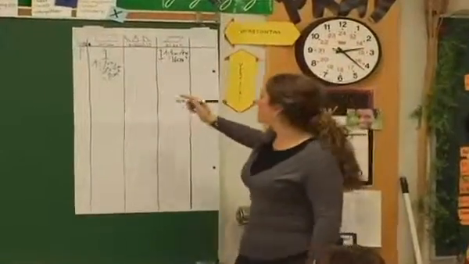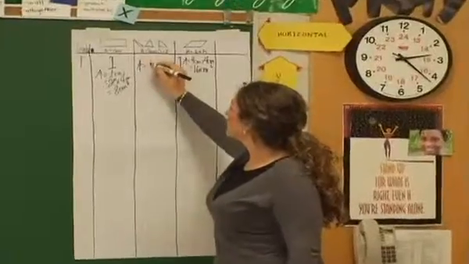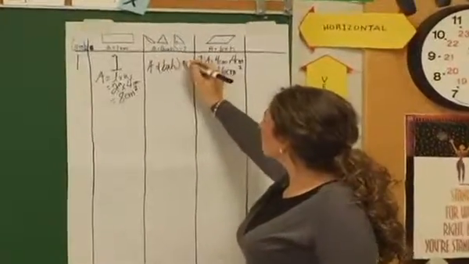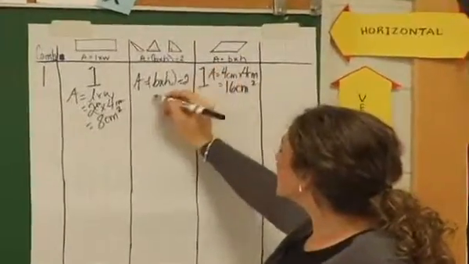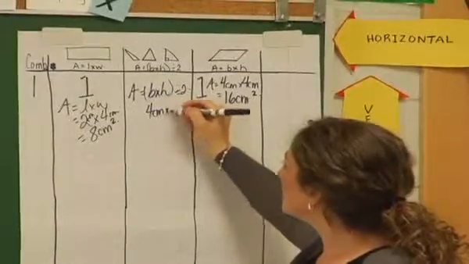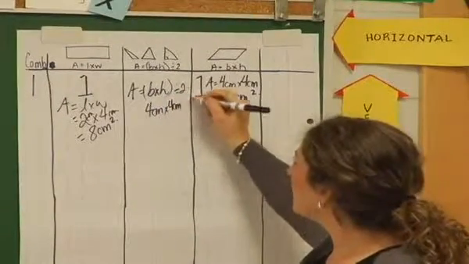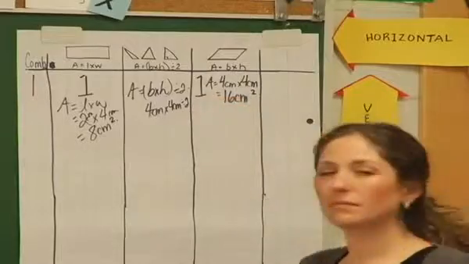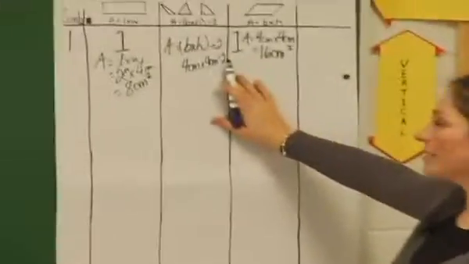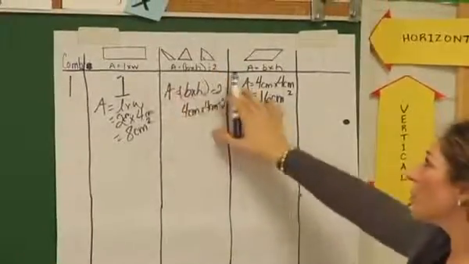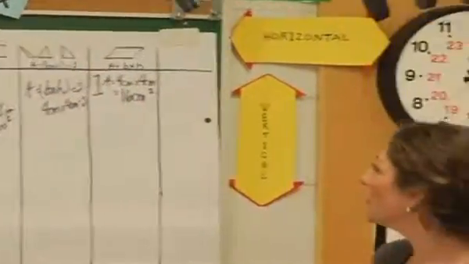What were your dimensions for your triangles? 4 centimeters. You have 4 centimeters by 4 centimeters. Okay, equals 16. So I'm hearing 4 centimeters by 4 centimeters, and I just noticed that the formula says divided by 2.